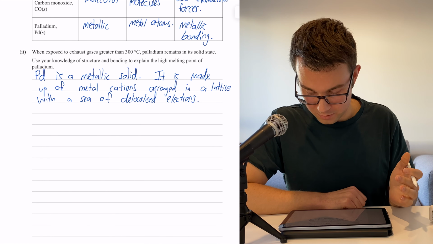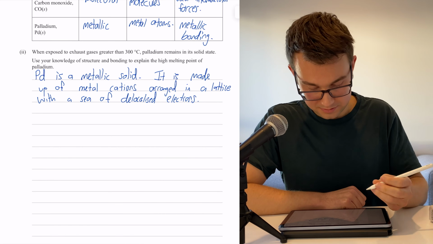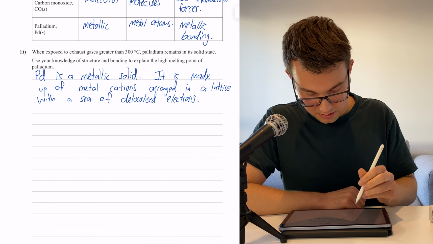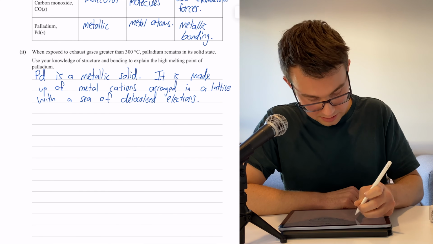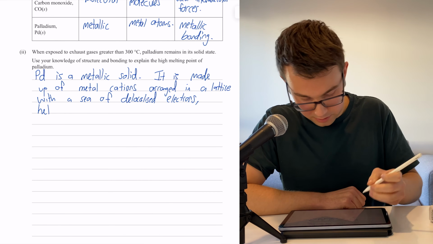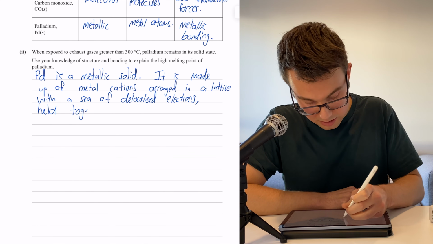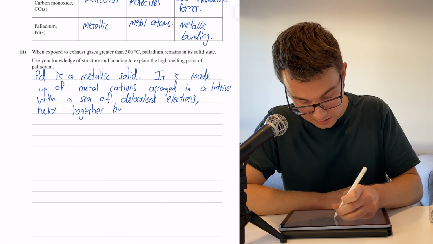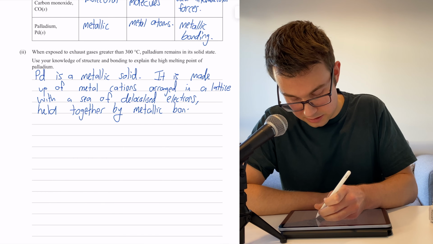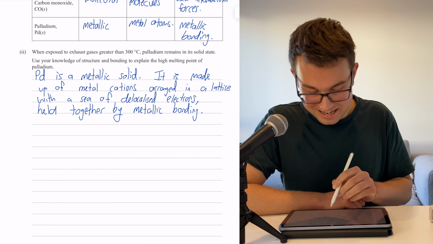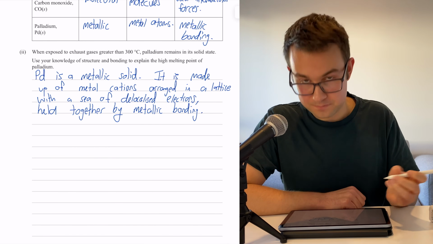Cool. We've said that. What do we want to say? Made up of metal cations arranged in a lattice with a sea of delocalized electrons, held together by what we said earlier, metallic bonding. How specific? Yes.